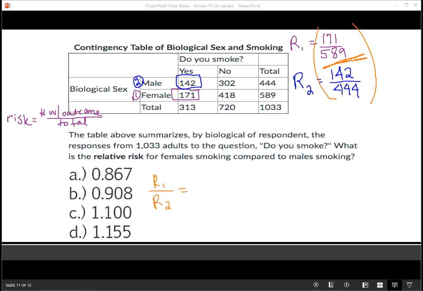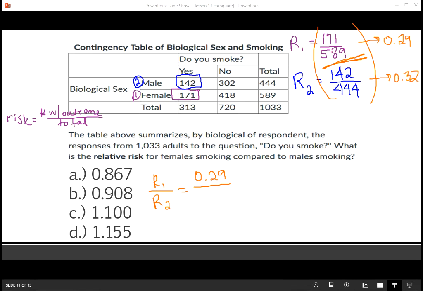If we find the answer for risk 1, we have 171 divided by 589, so we get about 0.29. And then we divide that by our risk 2, which for group 2 was 142 divided by 444. You get about 0.32.